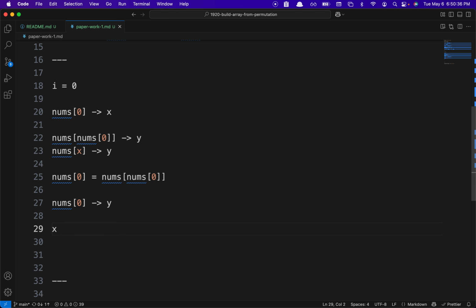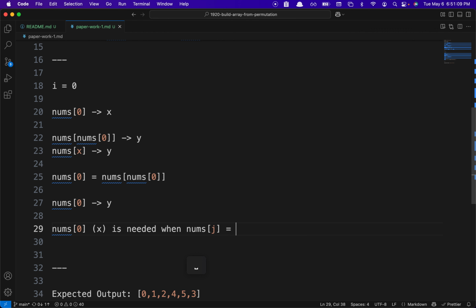And does anyone want nums of 0 after this? Let's see. They'll need nums of 0, that is x. X is needed when nums of anything, let's say j, is equal to 0.